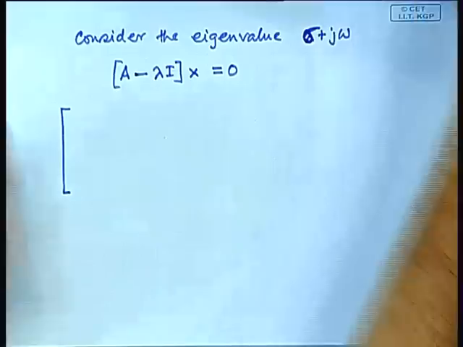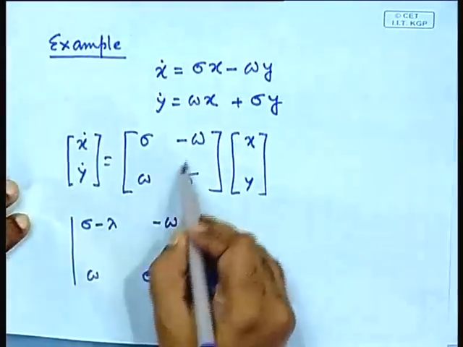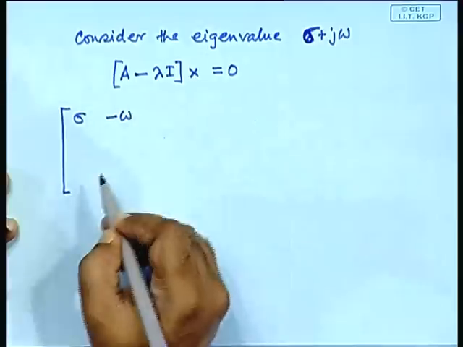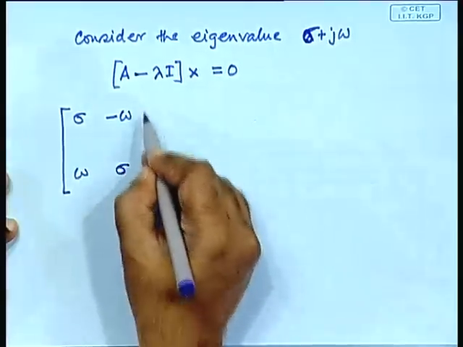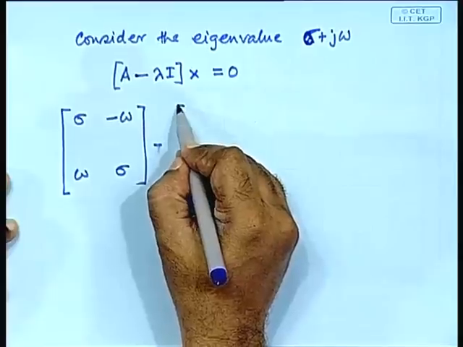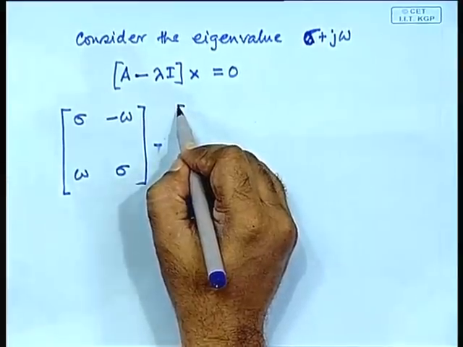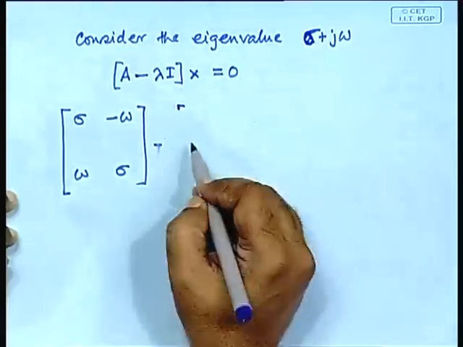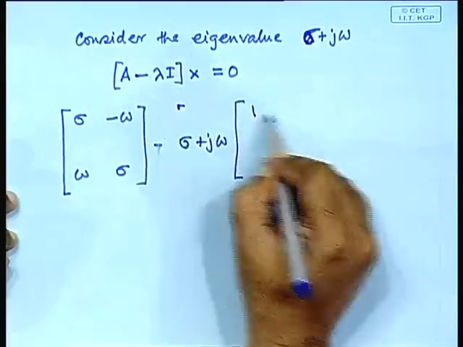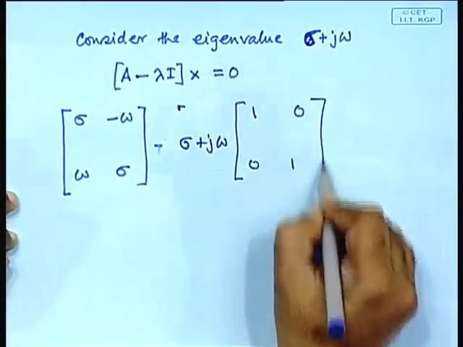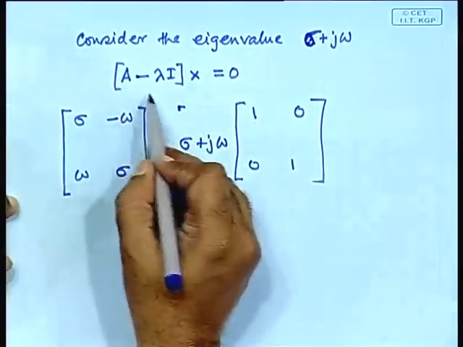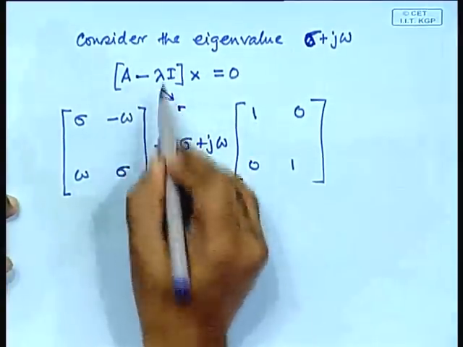Your A was this, sigma, minus omega, omega, sigma. A minus lambda I would be, I will write it separately, the matrix A minus sigma plus j omega times the matrix 1 0 0 1. Fine. This is the A minus lambda I.